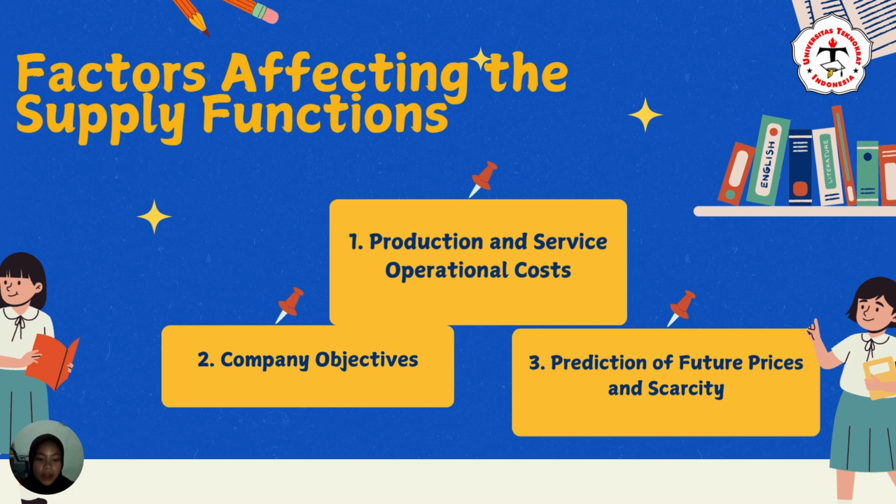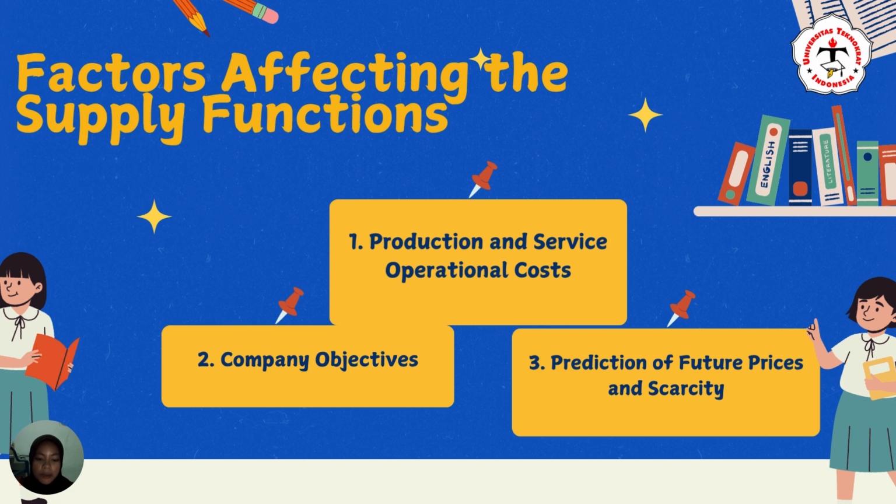For example, companies whose orientation is to seek maximum profit will tend to sell products with a high profit margin, thereby making product prices expensive. Meanwhile, companies that prioritize the number of products sold will take less profit so that product prices are cheaper on the market. The goal is so that the product sells better and can dominate the market.